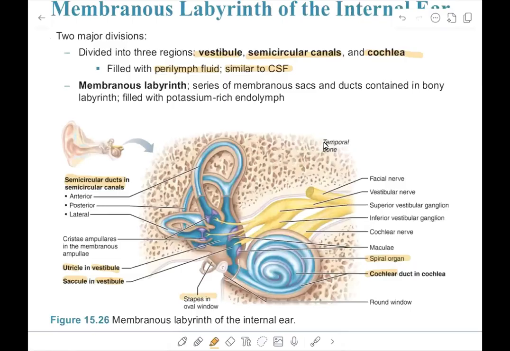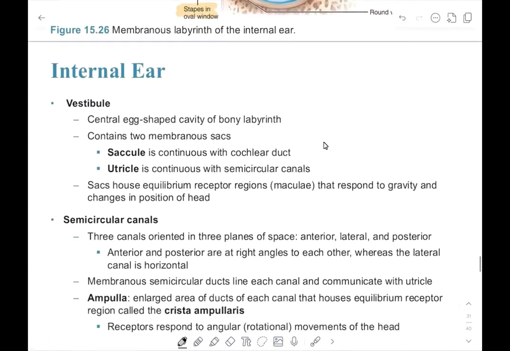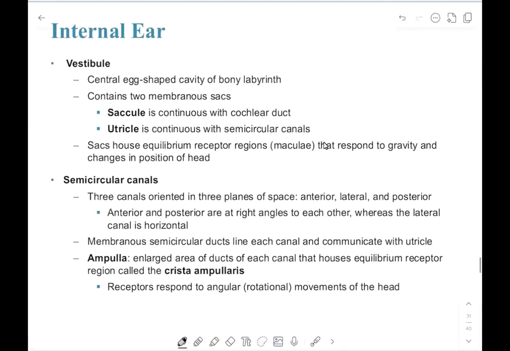So the stapes in the oval window. This again is the border between the middle ear and the inner ear. So this area right here would be the middle ear. When we look at our next slide, this is specifically on those first two parts of the inner ear, the vestibule and the semicircular canals.